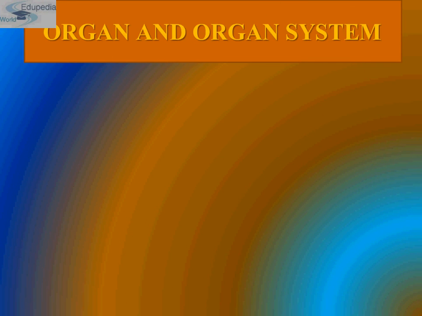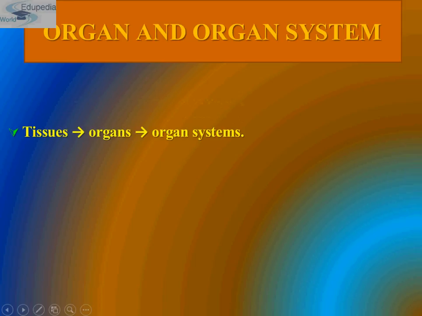Now comes organ and organ system. Tissue we have studied. Now tissues organize to form organs, which in turn associate to form organ systems in the multicellular organism. Such an organization is essential for more efficient and better coordinated activities of millions of cells that constitute an organism.